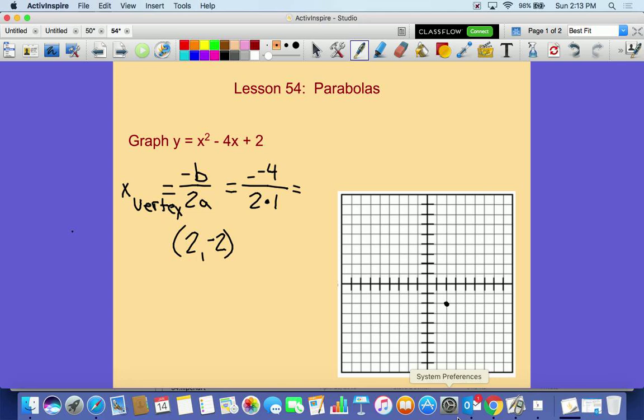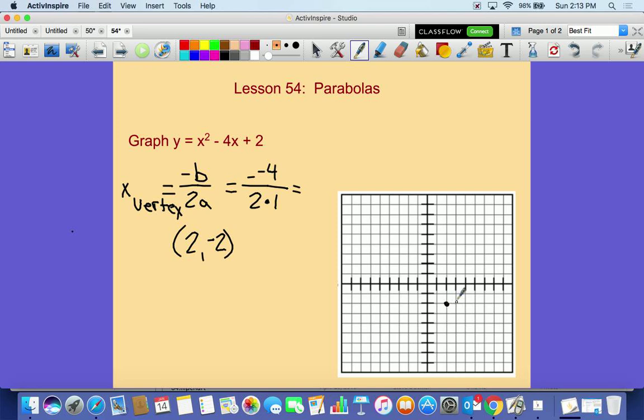From there, our equation gives us some information to be able to do this. We know that our a value is a positive number, so our parabola is going to be going up. Also, we know that our a value is 1 here. Because that a value is 1, there's a pattern that goes on here.